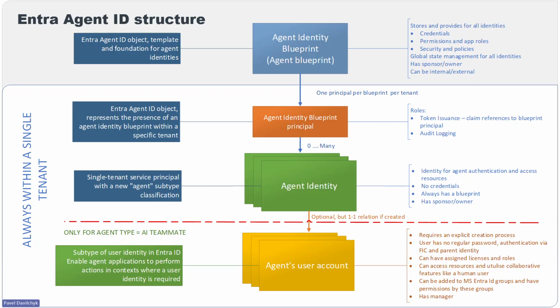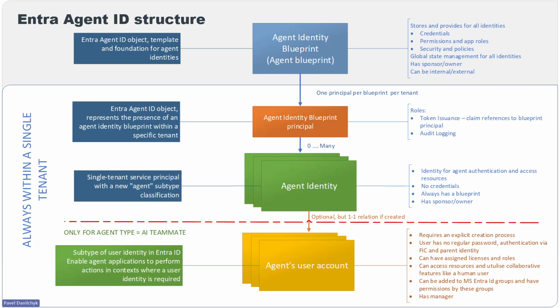Also, we have one more object, which in most cases will be optional. This is the agent's user account. If we just create a classic agent where we want to operate on behalf of a user or on behalf of some application permissions, we don't need an agentic user account.